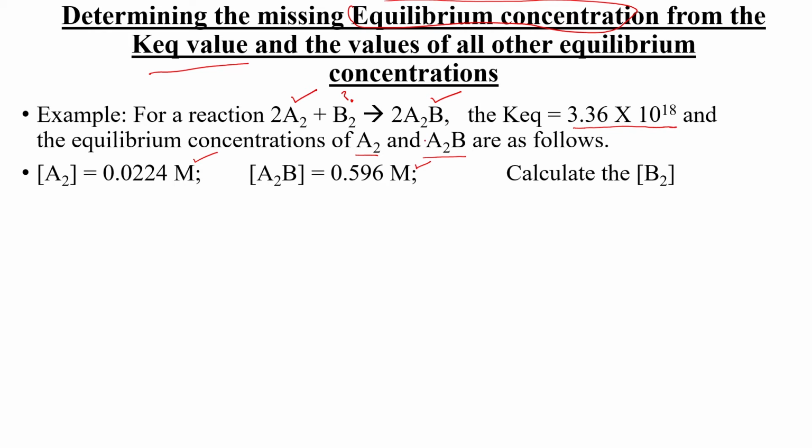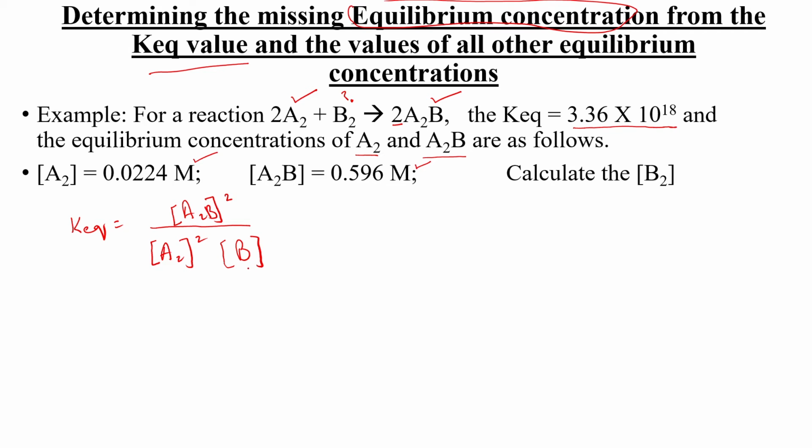Let's write down the K equilibrium expression for this. Remember, your K equilibrium expression is product over reactant, like molar concentration of product over reactant. So here is the product, and this 2 will be the power. The reactant is A2, we have a square here, and B2. B2 is what you have to find.